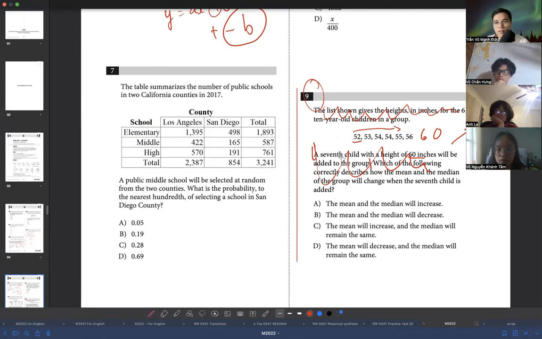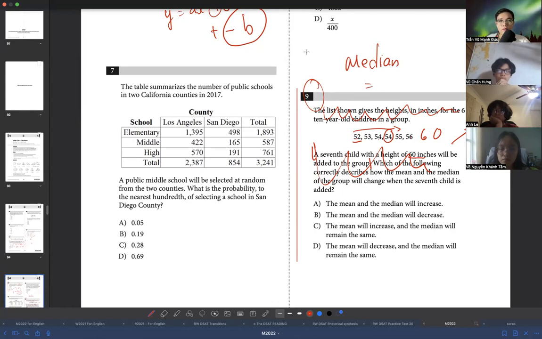Next, the median. There are 6 numbers, plus 1 is 7, 7 plus 1 is 8, 8 divided by 2 is 4. Wait, let me briefly mention the position of the median.